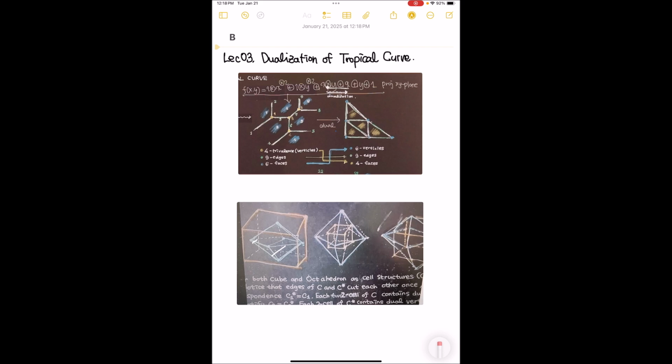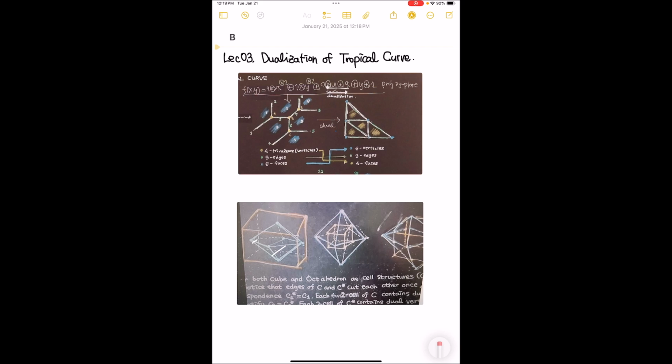Hello. Today's lecture is the dualization of tropical curve. In the previous lecture, I introduced what is a tropical curve.